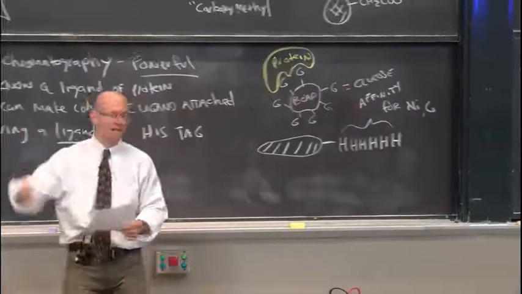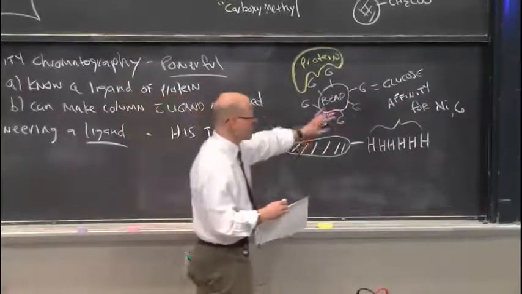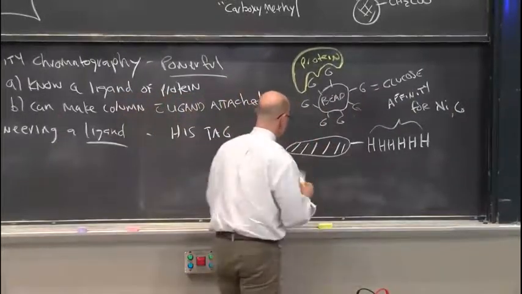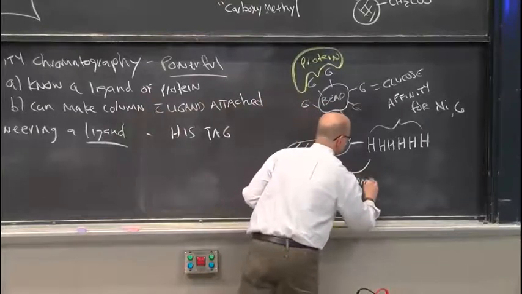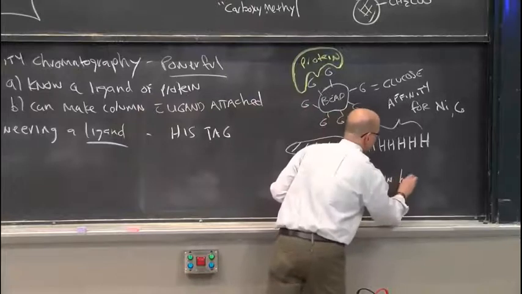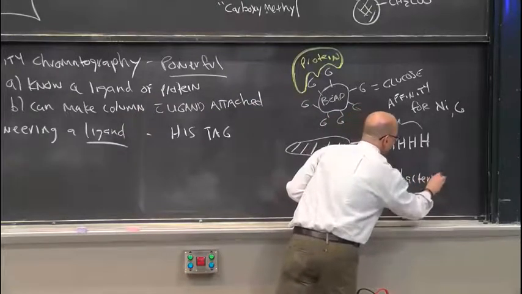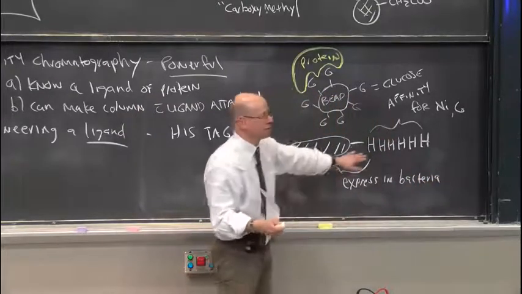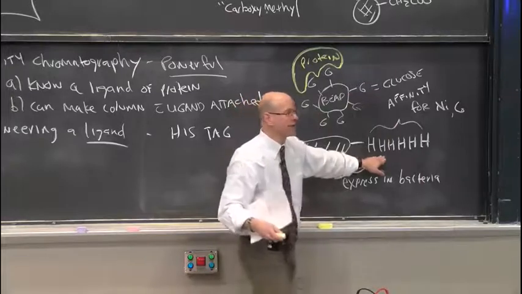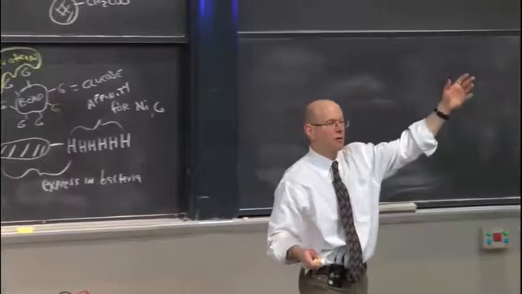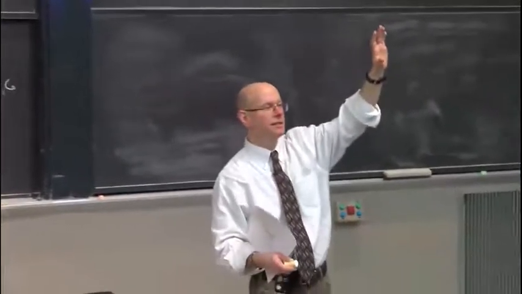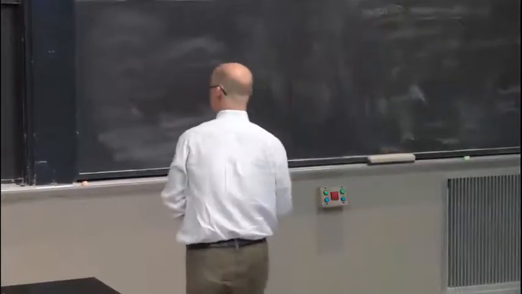I've engineered this protein, so I could express it in some other organism, like bacteria, and then use a nickel column to purify it. What could I use to get it off my nickel column? Histidine, or what's the side chain of histidine? Imidazole. I could just use imidazole.